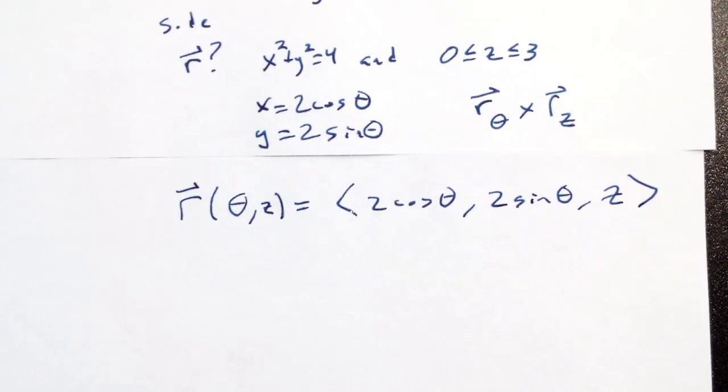So r_theta cross r_z is now something I can compute. And then I'll do the length of that, and that'll give me the normal vector, and I'll be able to do this integral, right?